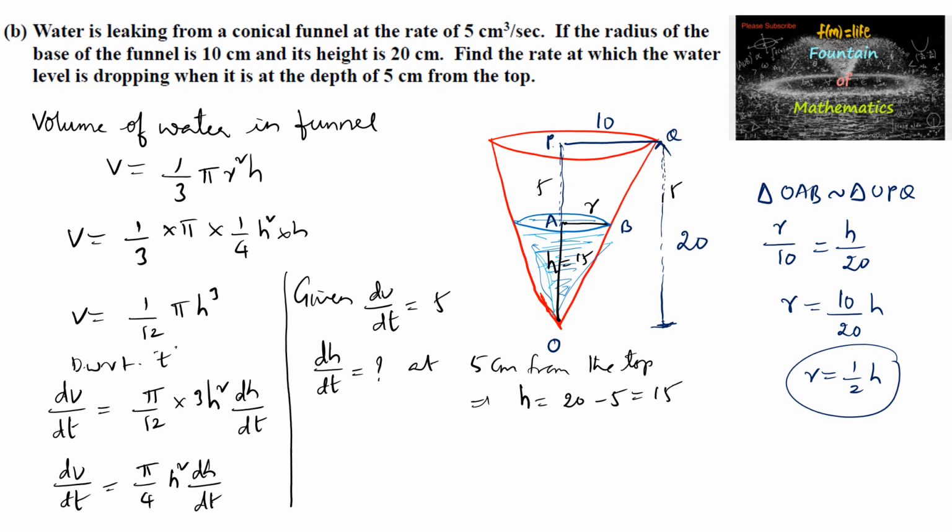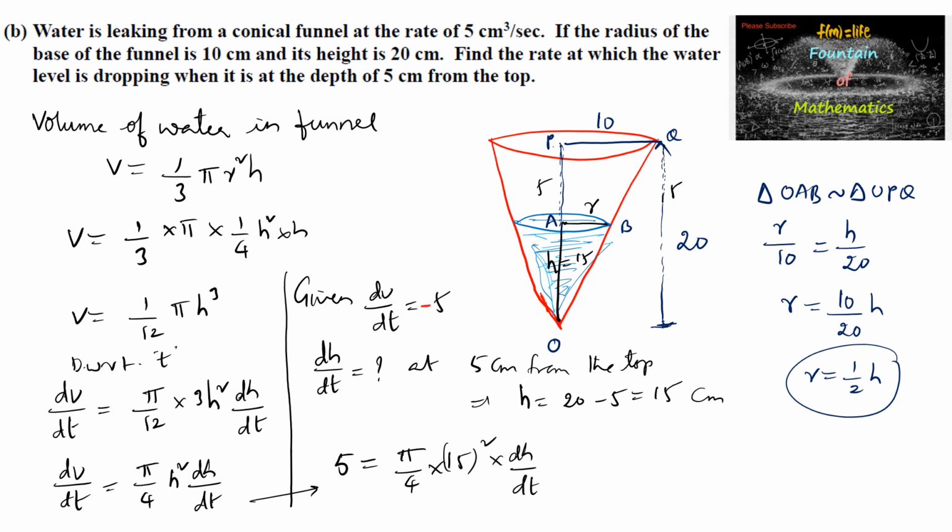So when H is equal to 15 centimeters, we need to find dH by dt when dV by dt is equal to 5. So let us substitute it here. We have 5 is equal to pi by 4 into H square, that is 15 square, into dH by dt. Since it is decreasing, we need to consider minus.